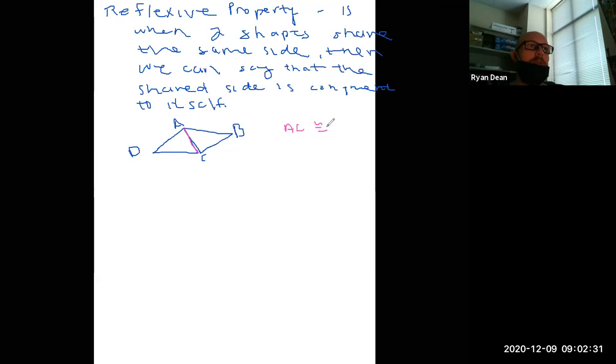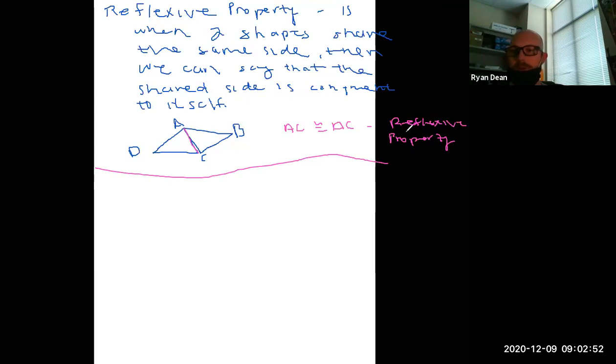So AC is congruent to AC. And then this would be the reflexive property. This is my favorite one because it's the easiest to identify and it makes it quick. I like the reflexive property.